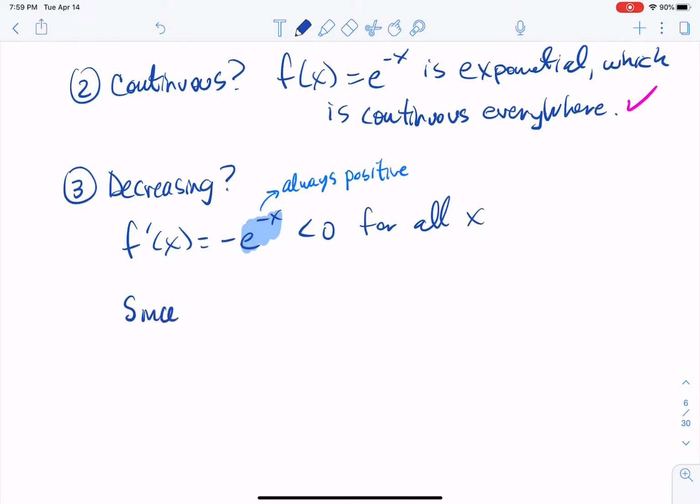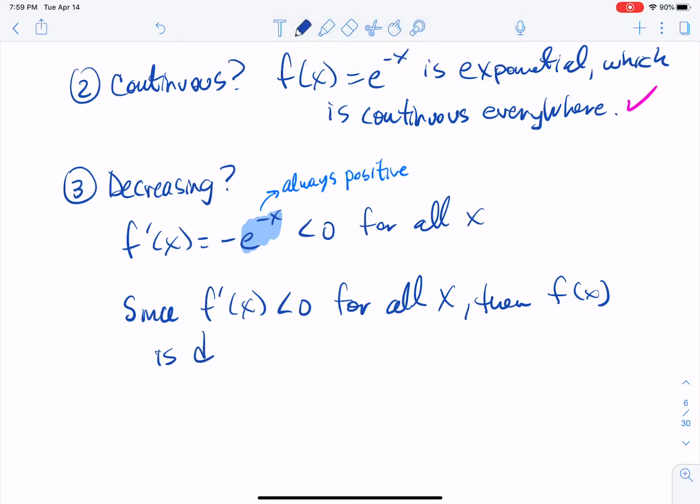Since f prime of x is less than 0 for all values of x, f of x is decreasing.